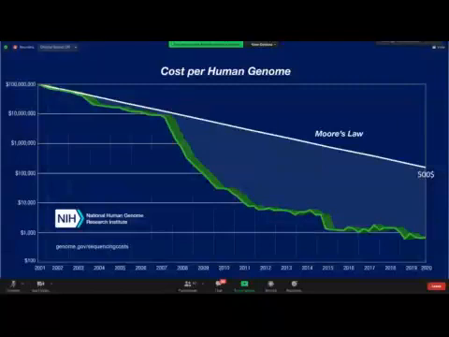So it's getting cheaper and faster. Previously where it took 15 years, now we can actually do it in hours. I have a very cool example later at the end of another presentation where we'll see how quickly we can do it now.